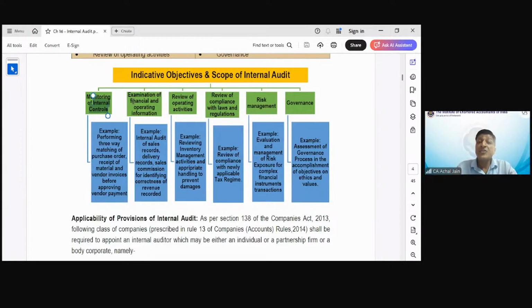Now, when it comes to the statutory auditor, the only concern which the statutory auditor will have is whether this valuation is correct or not, whether this physically exists or not, and whether that has been appropriately included in the financial statements. Yes or no?